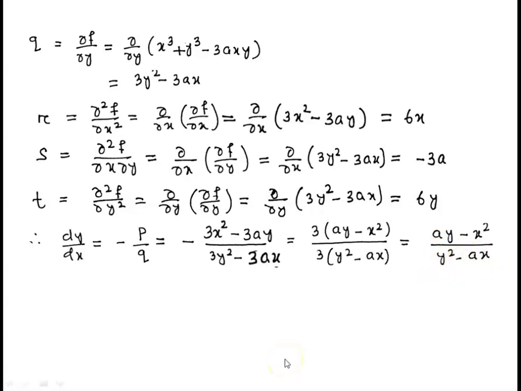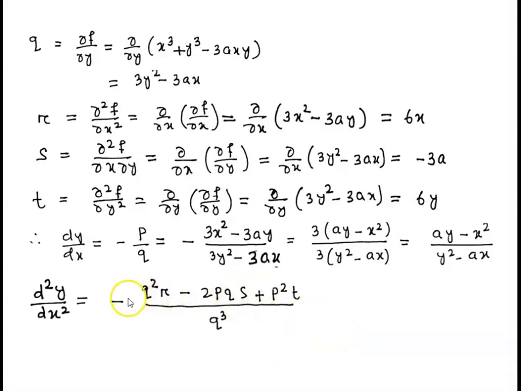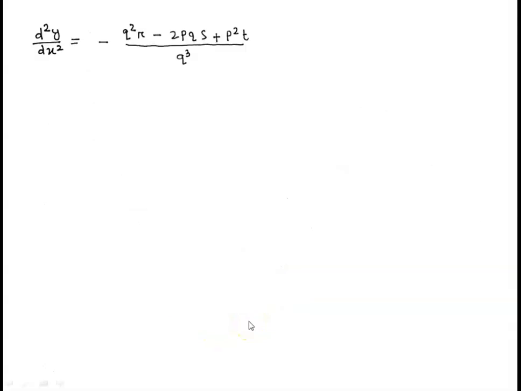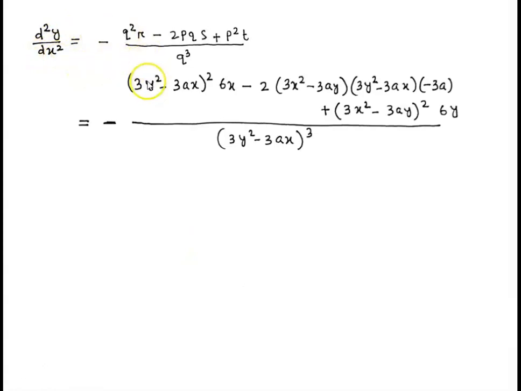To find d square y divided by dx square, we have to use this formula, which is minus q square r minus 2pqs plus p square t divided by q raised to the power of 3. So we have this formula of d square y divided by dx square, and our q is 3y square minus 3ax.